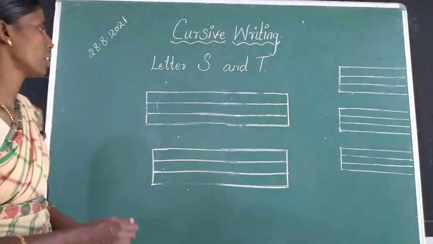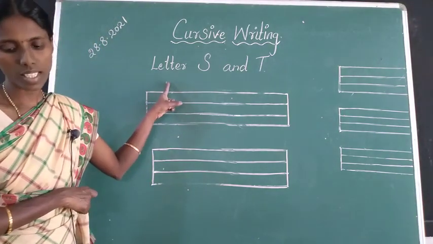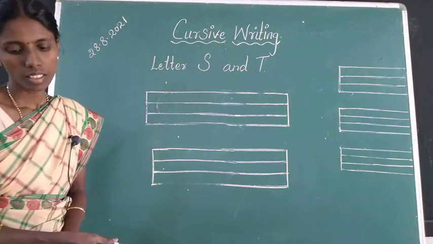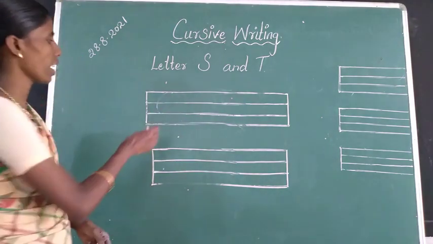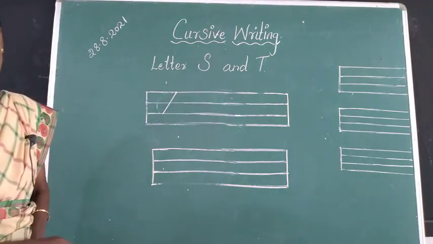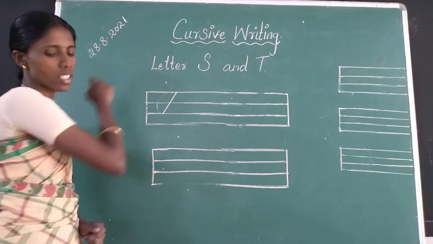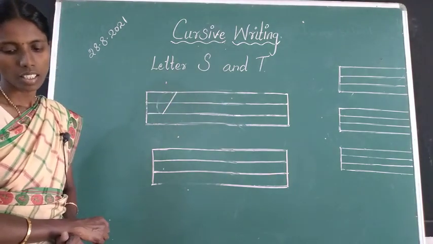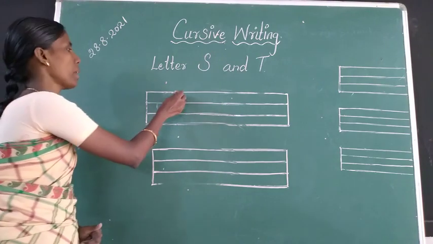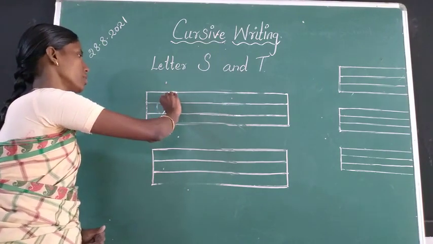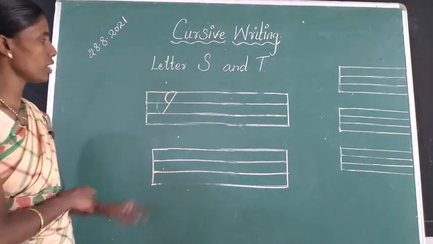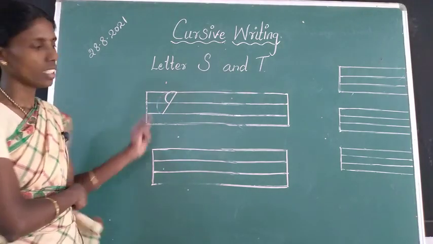First of all, put a pencil point on the third line. Then go up with slant line till top line. Then make a left curve till second line.